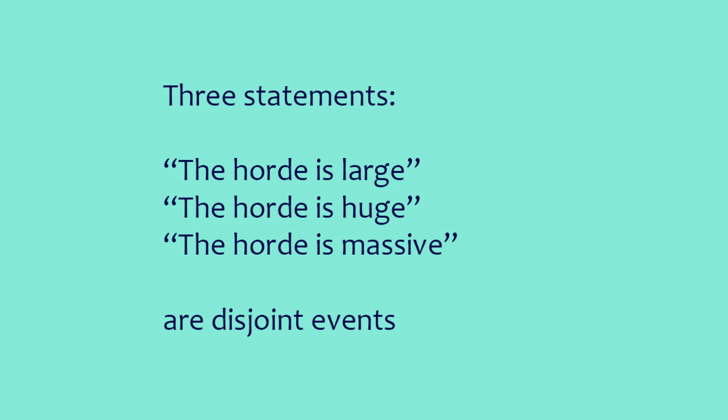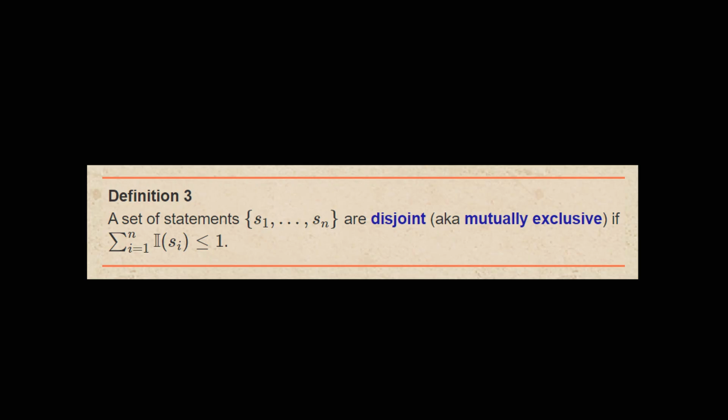In the story of the ranger from the beginning, the size of the horde would be either large, huge, or massive. And those three statements, the size is large, the size is huge, the size is massive, are disjoint events. Using indicator functions, this idea can be clearly expressed.